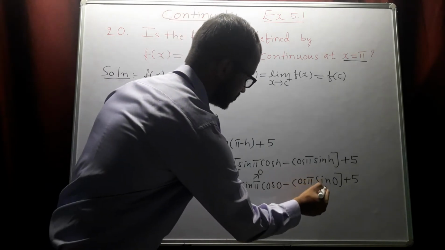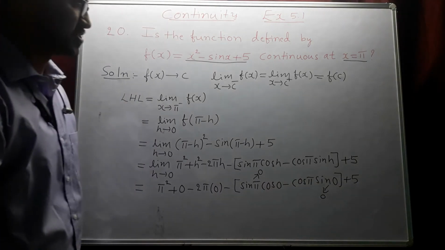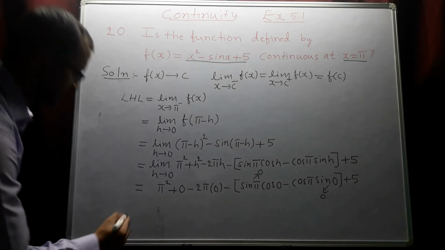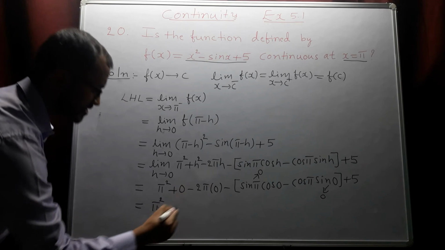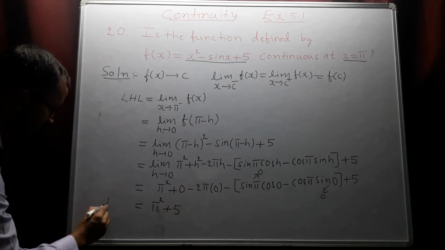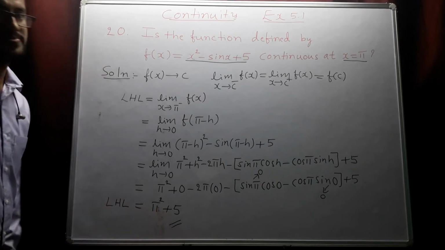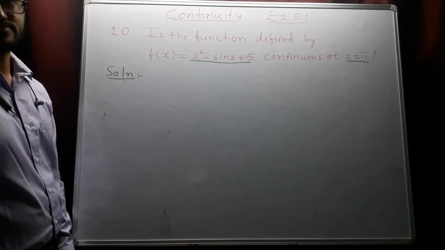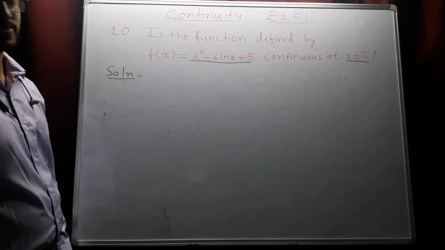Similarly, sin 0 is 0, so 0 into cos π, which is −1, is also 0. So that is equal to π² + 5. So the left hand limit we obtained is π² + 5.